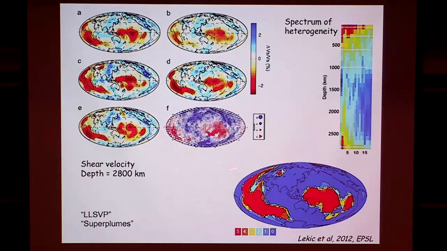And what Ved did here was to look at how the models agreed with each other. So basically, they classified at each grid point on the surface of the core mantle boundary at 2,800 kilometers which models agree that the velocity is slower than average, and which agree that it is faster than average. So blue means that they all think it is faster than average, and red means they all think it is slower than average.